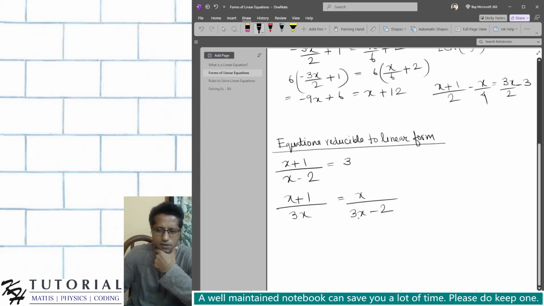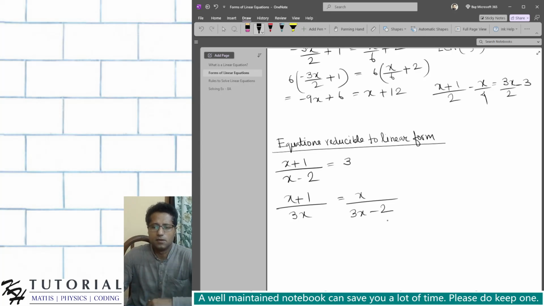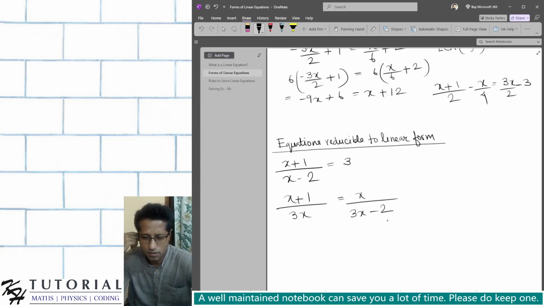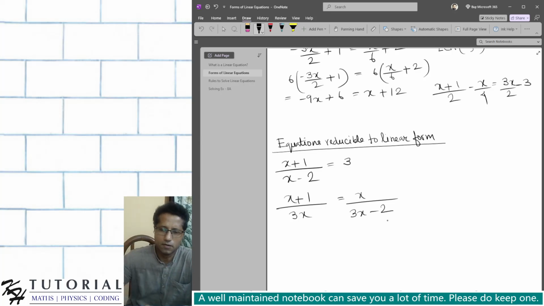X plus 1 divided by 3x is not a polynomial. Similarly, x by 3x minus 2 is not a polynomial, but this equation can be reduced to linear form by applying some rules, which we will study shortly. So these are the kinds of equations which can be reduced to a linear form.